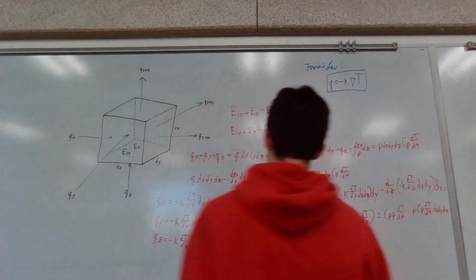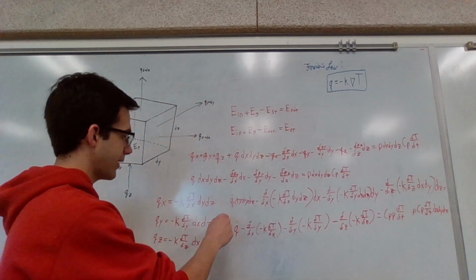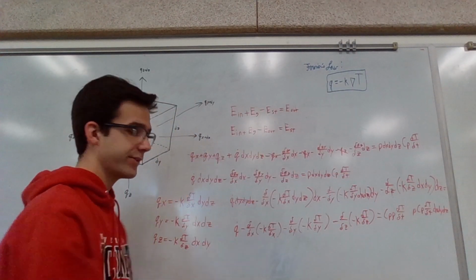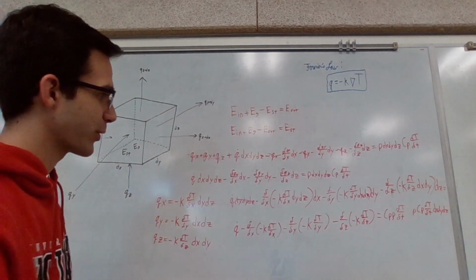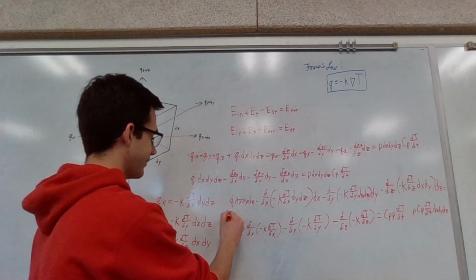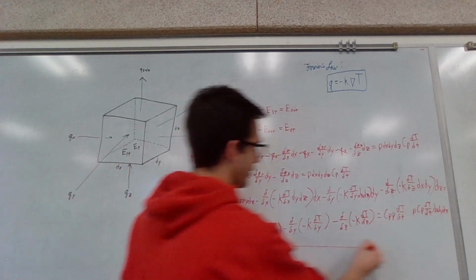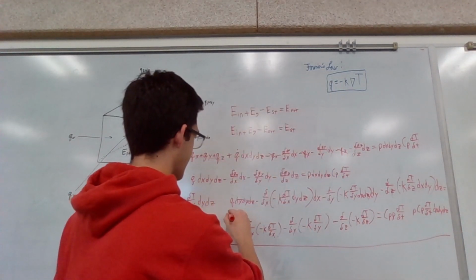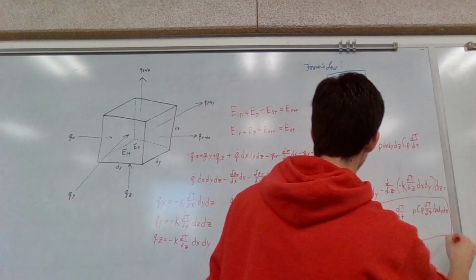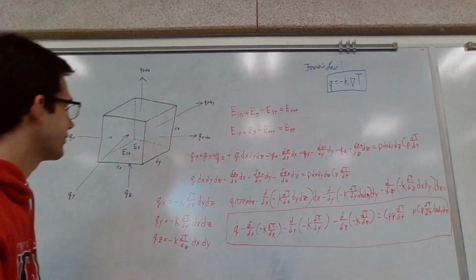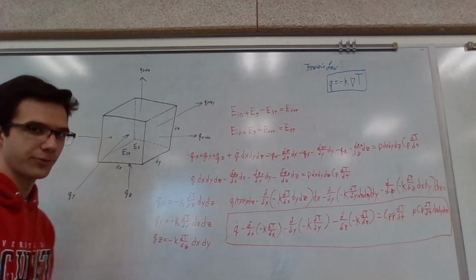So looking at this now, what we have actually done is we have simplified it enough. And this is actually right here, our heat diffusion equation in its general form for Cartesian coordinates. So this is actually the final answer here for the heat diffusion equation. We derived it using Fourier's law, and this conception here of our control volume.